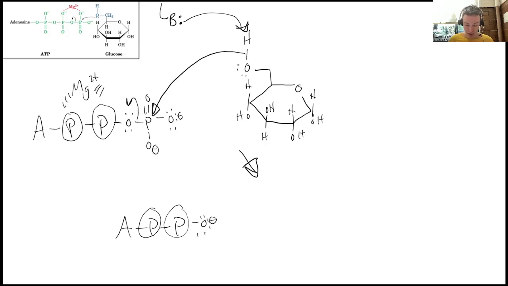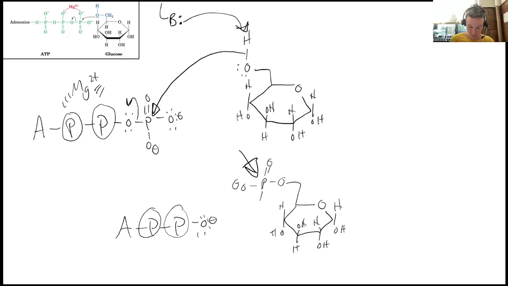Our products: ADP and this glucose molecule that now has been phosphorylated at carbon 6. And this mechanism is going to be common basically for any enzyme here that's performing a phosphate transfer.